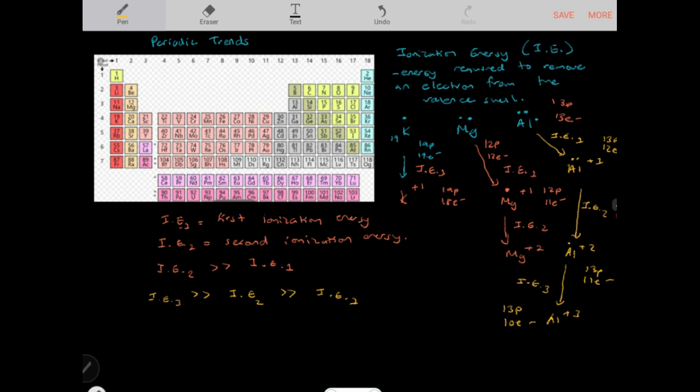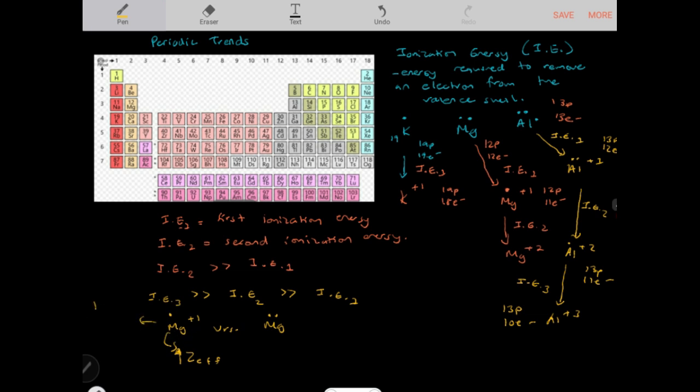Well, if we take a look at magnesium +1 with 1 valence electron, versus elemental magnesium, we can understand that this guy here is going to have a really high effective nuclear charge. The reason it has a really high effective nuclear charge is because now there are more protons than electrons, right?